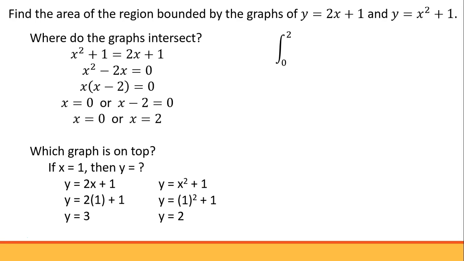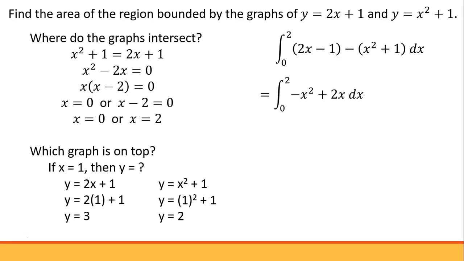So now we'll set up our integral. We know that the two functions intersect at 0 and 2. There's a region in between 0 and 2 that's bounded, and the top function in that bounded region is the line. So we'll put that function first, and then we'll subtract the parabola from it because that's the lower function.